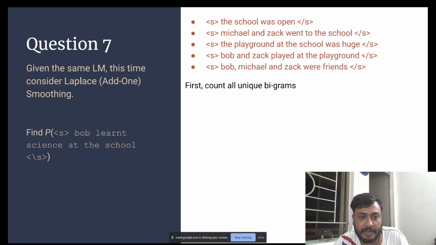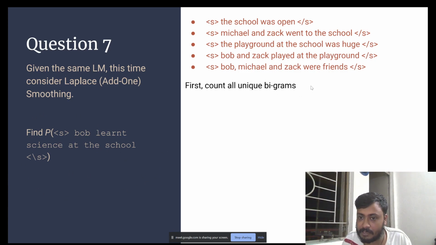If you know that when we do Laplace add-1 smoothing, we add 1 to the numerator and we add the vocab size to the denominator. So first we'll calculate all unique bigrams in the corpus. Remember, this counting of unique bigrams is for the corpus, not for the sentence you are given.